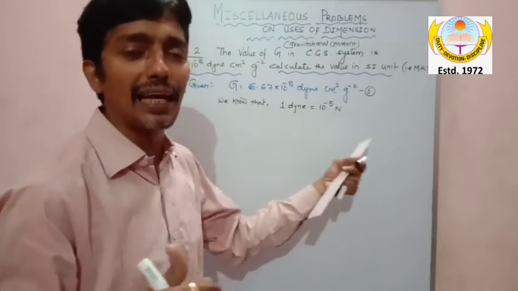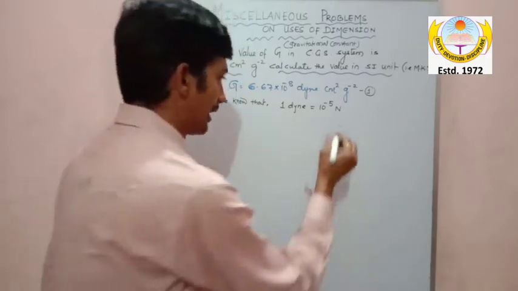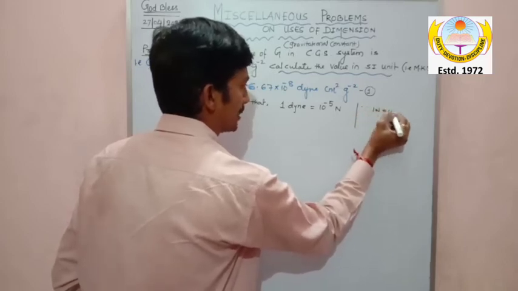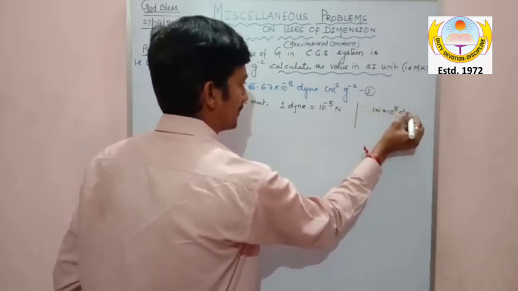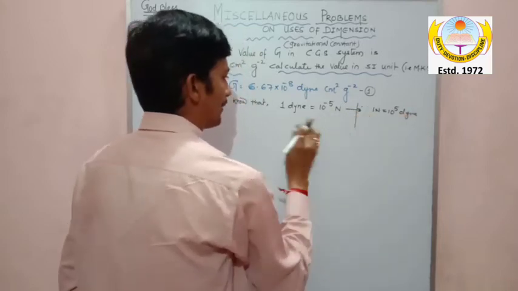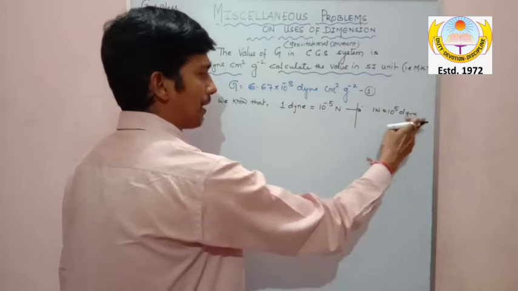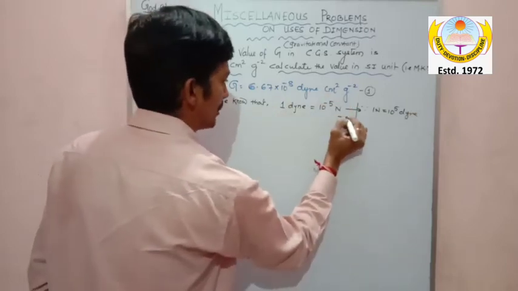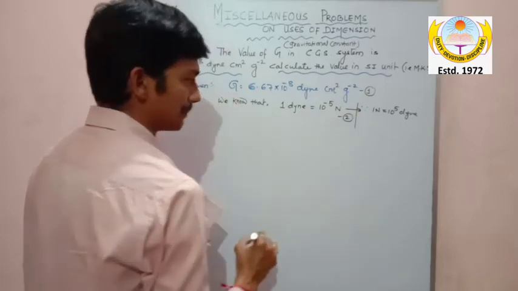So 1 dyne is 10 power minus 5 Newton. So here I am writing that also, since, how can I come to know that? Because 1 Newton is 10 power 5 dyne. Therefore 1 dyne is 10 power minus 5 Newton. Substitute this as equation number 2.